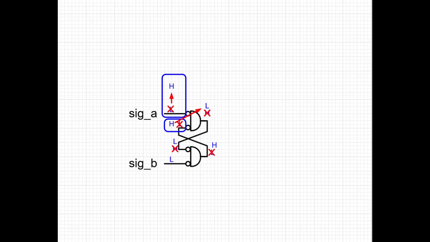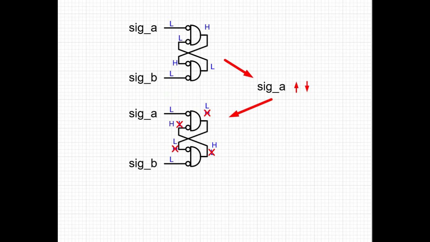And that high forces the upper gate low, so that even if sig A goes back low, the upper gate stays low. So we started with a stable configuration, and by toggling sig A high and then low again, we completely reversed the new stable states of the gates.